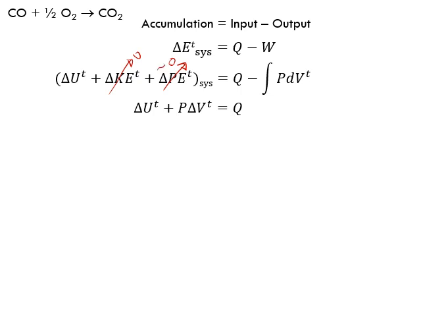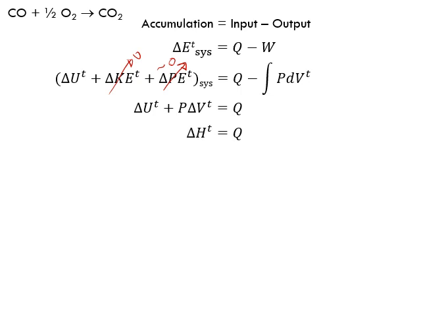So you can say almost zero. So the only thing remaining is delta U total, and then the integration of P dV. Of course, the pressure inside the system is constant, it's a piston cylinder device. P goes outside, the integration of dV will be delta V. So it goes to the other side. We have delta U total plus P delta V total equals Q.